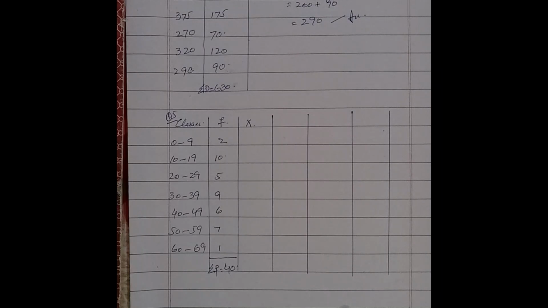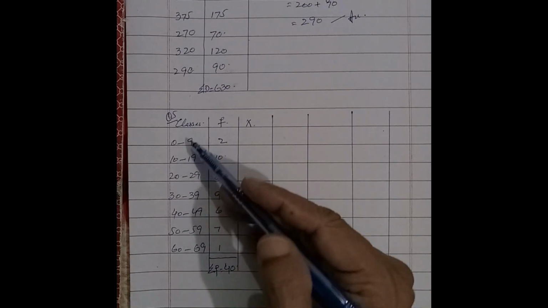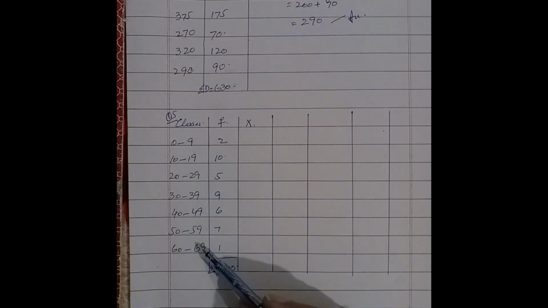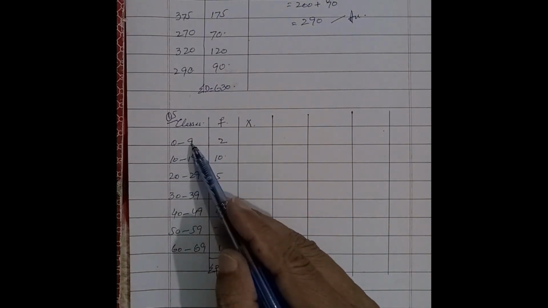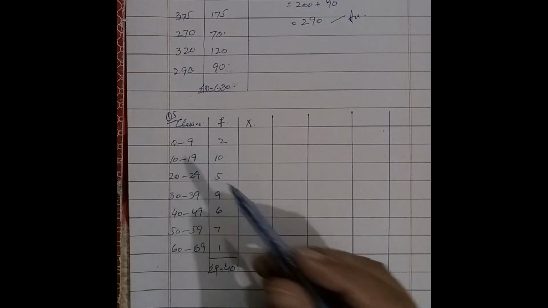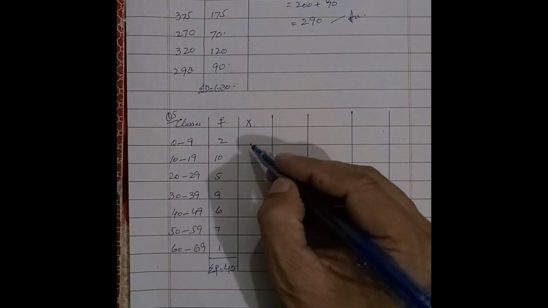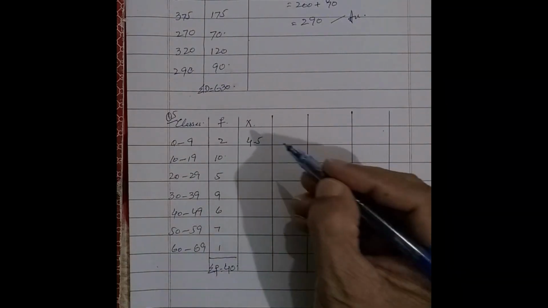which we call the midpoint of the classes or groups, and midpoint is, we know, 0 plus 9 over 2. It is the midpoint of the value. 0 plus 9 is equal to 9, divided by 2 we get 4.5.